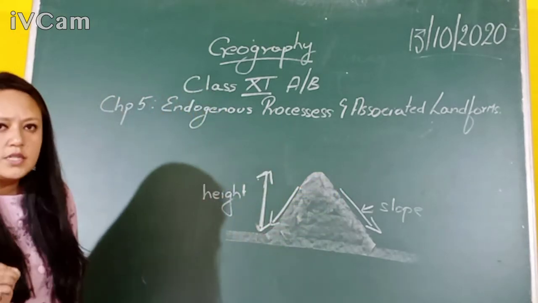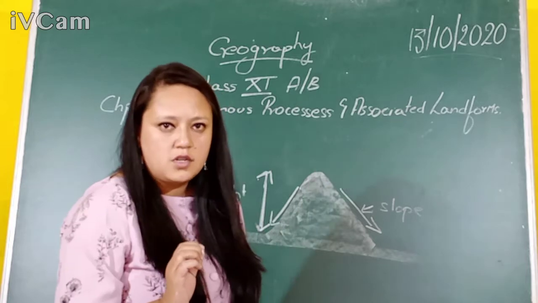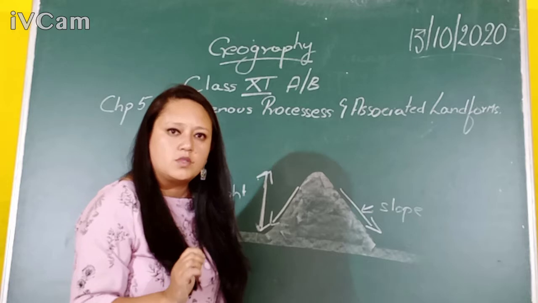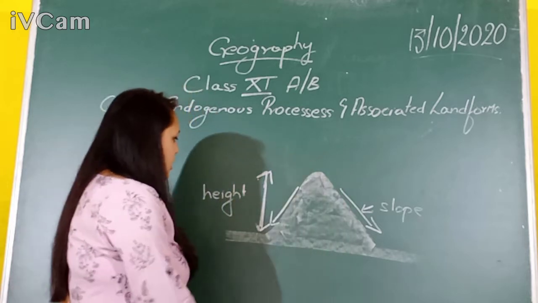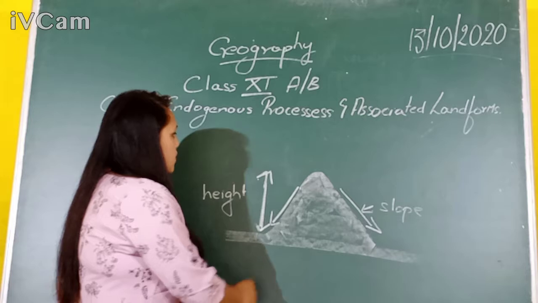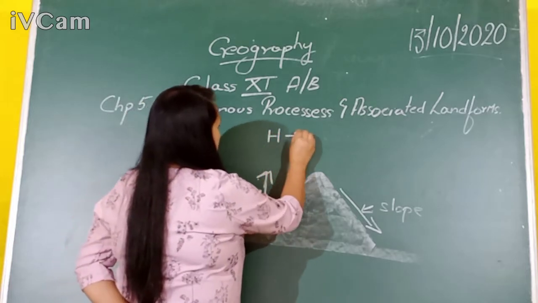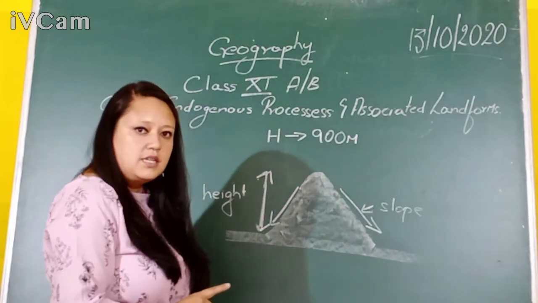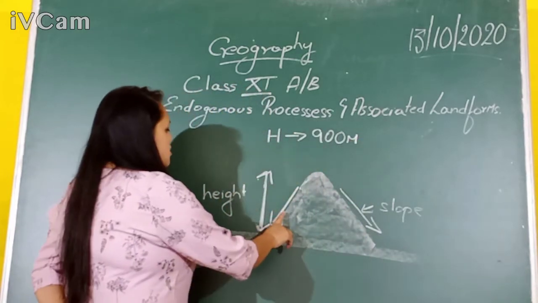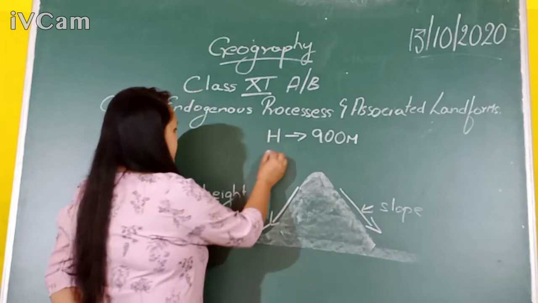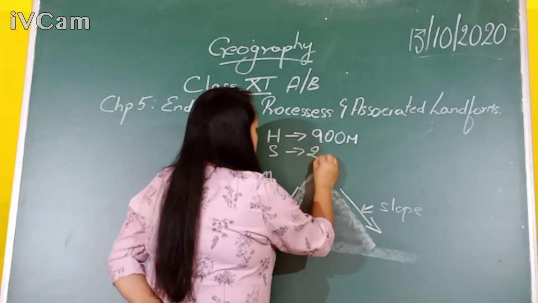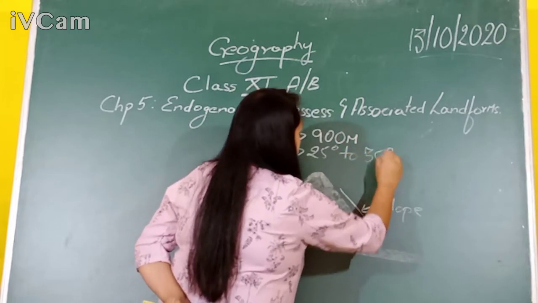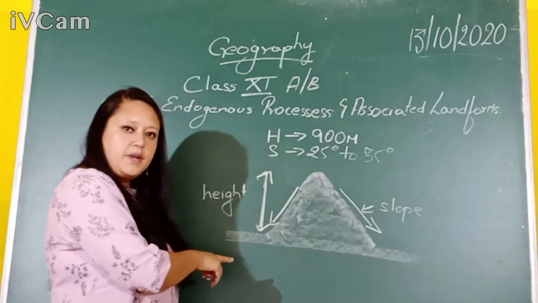According to Professor Flinch, who has given the definition of a mountain, any structure which has a height of at least 900 meters above sea level and the slopes are inclined at least 25 degrees to 35 degrees to the horizontal plane.